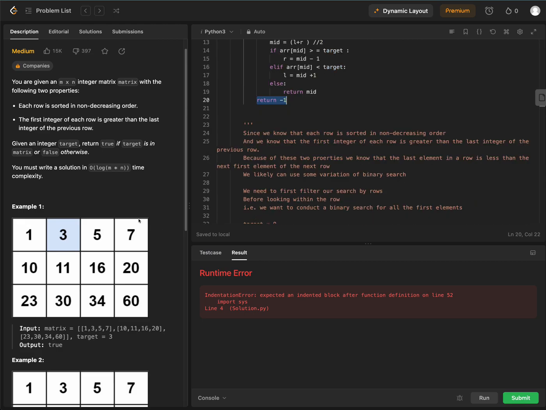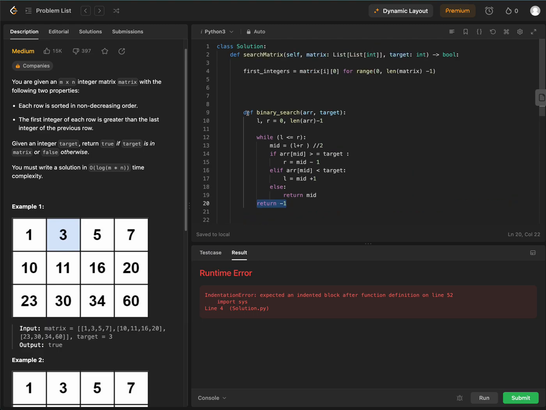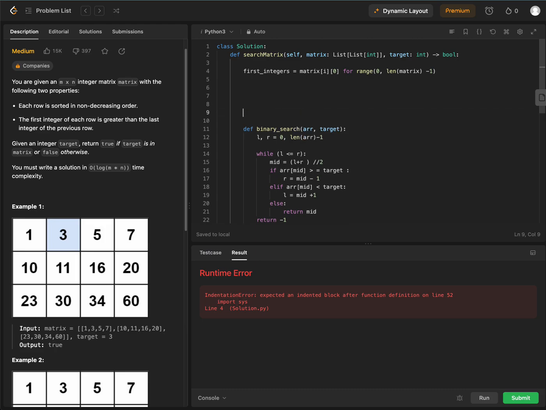But what we want to do now is find the index of, and here we want to have def find row, right?